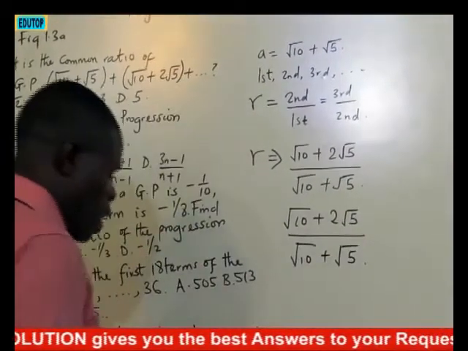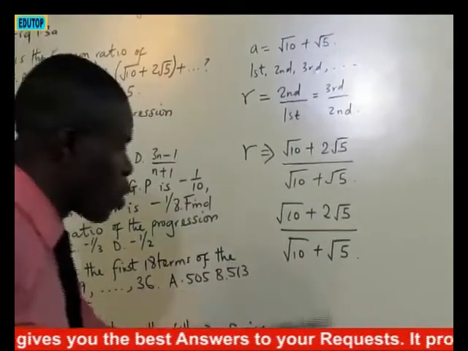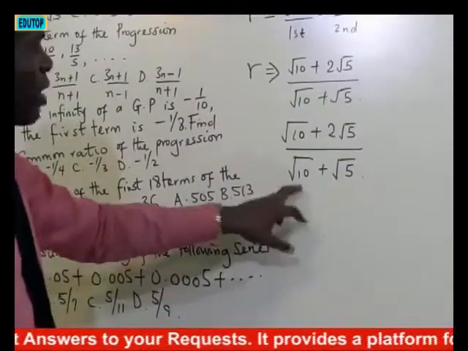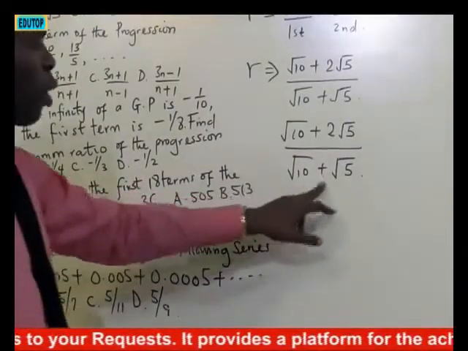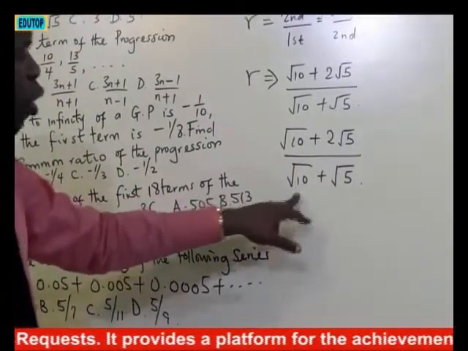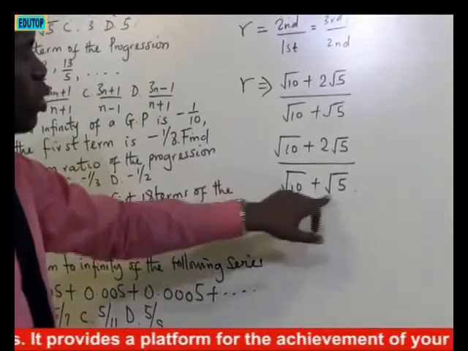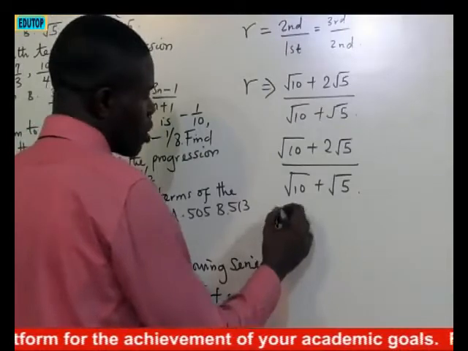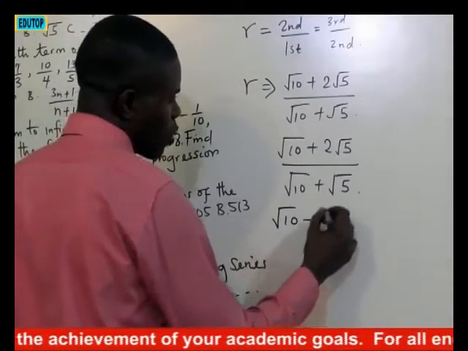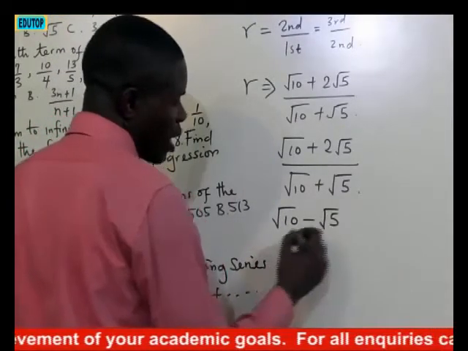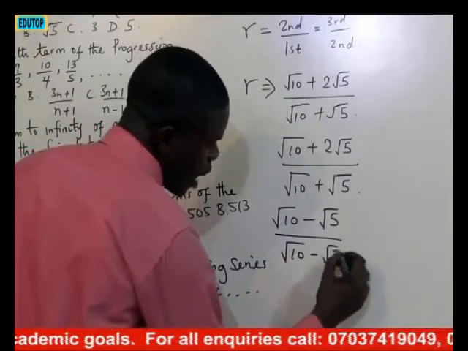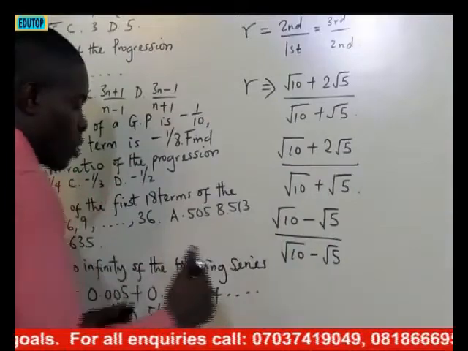If you have to rationalize this, it is a conjugate surd, so we rationalize by its conjugate. What is the conjugate of root 10 plus root 5? It will definitely be root 10 minus root 5. We now use the fraction of itself, root 10 minus root 5 over root 10 minus root 5, to multiply this expression.